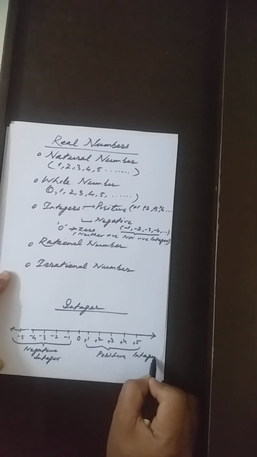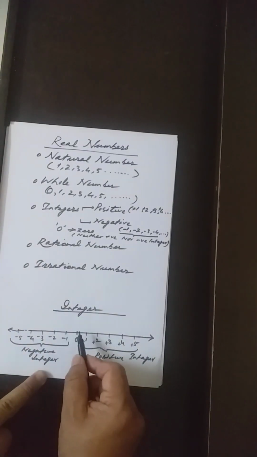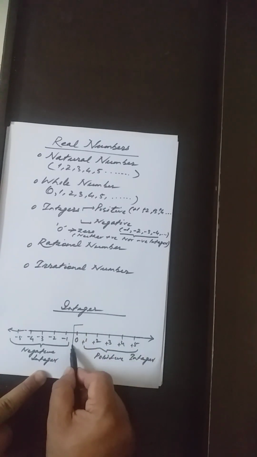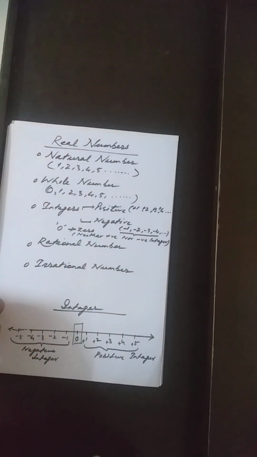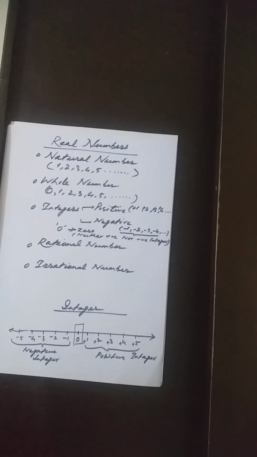So this is how we represent positive and negative integers on a number line, and we exclude this digit 0 because it doesn't fall in the category of negative or positive integer. I hope this much is clear to you. Now we'll move onward to the rational and the irrational numbers.